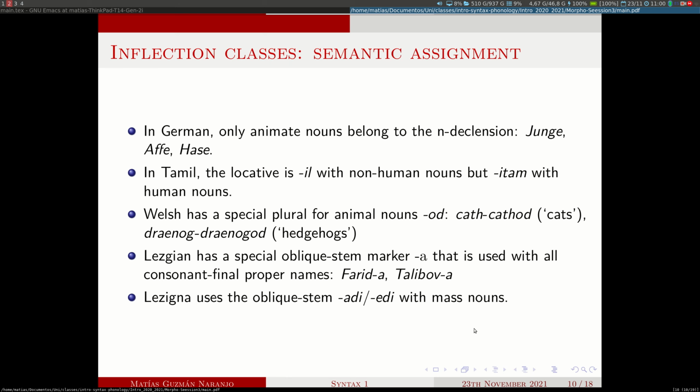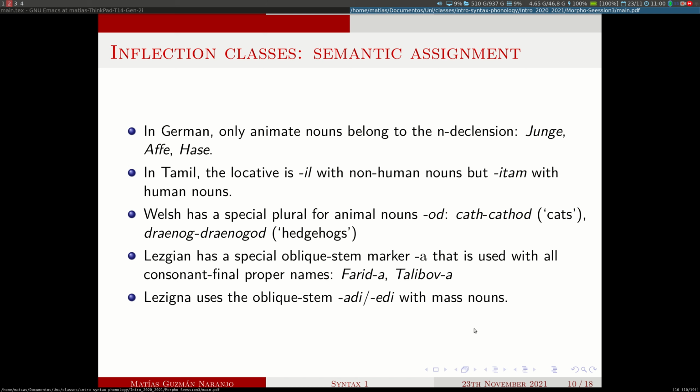There's also semantic assignment besides phonological assignment. In German, for example, the inflection class of nouns like Affe, Hase, or Junge, which is called the n-declension, is based on semantics. Only animate nouns belong to this class. And there's locative -il in Tamil, which is for non-human nouns, and -itam, which is for human nouns.